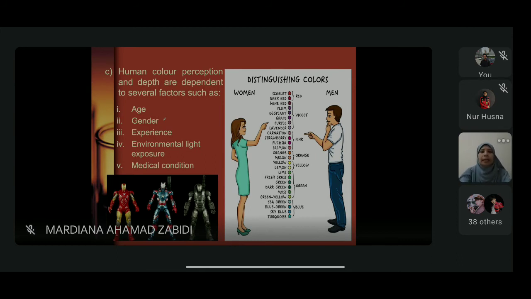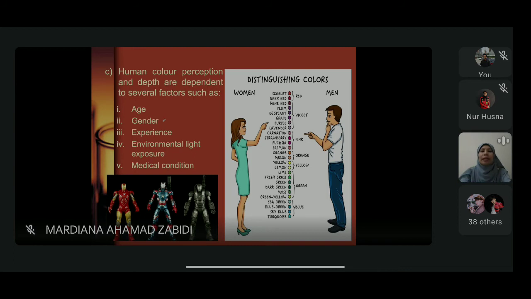And then in terms of gender, females have the tendency to be more specific towards the color of the product. But for males, I'm not generalizing, just for your general information, men have the tendency to group the color.